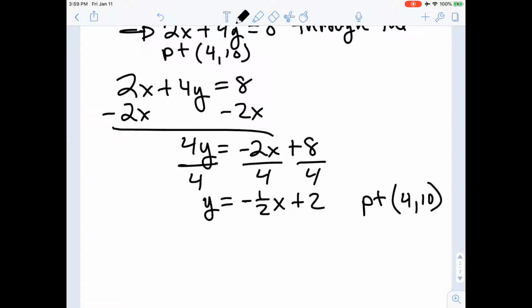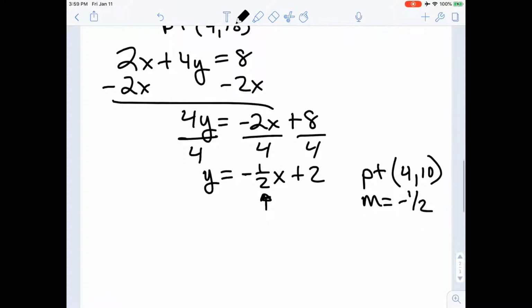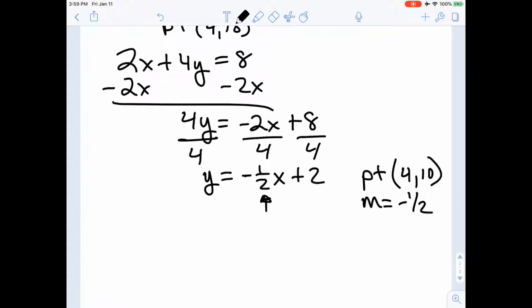So now I can pull my slope. I know it's parallel, so there's my slope. My m equals, I don't have to flip or change the sign or anything. My slope is negative 1/2 for my new line. So now I go to my point slope form. So I go y minus 10 equals my slope, which is negative 1/2 times x minus 4. Okay, distribute the negative 1/2.